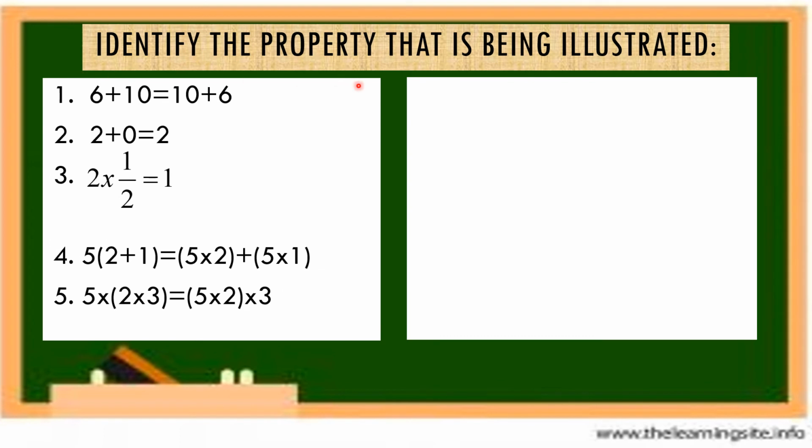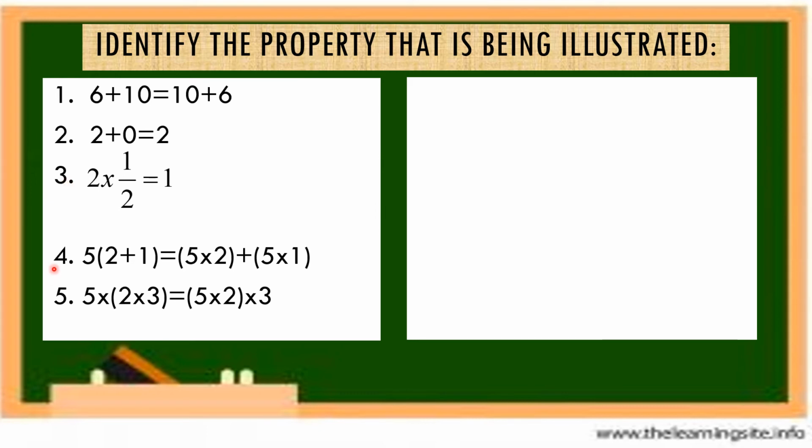We need to identify the property that is being illustrated. We have number 1, 6 plus 10 equals 10 plus 6. Number 2, 2 plus 0 equals 2. Number 3, 2 times 1 half equals 1.